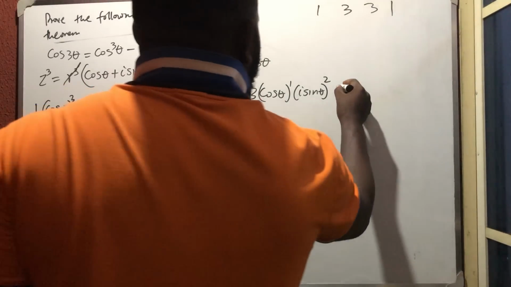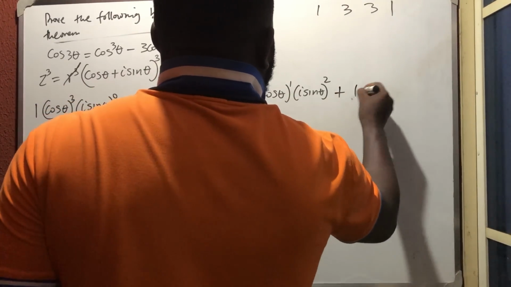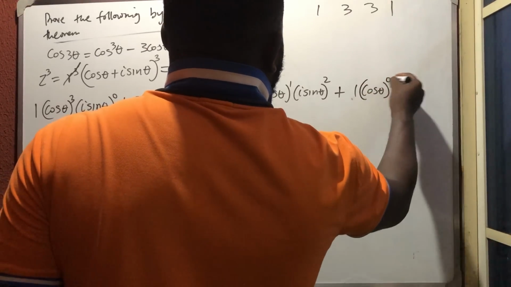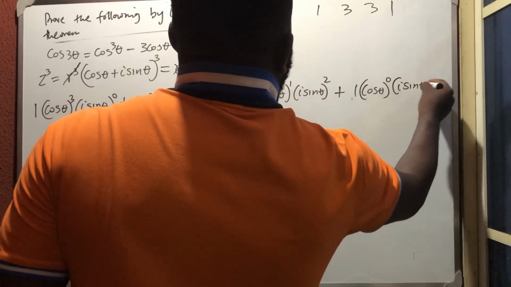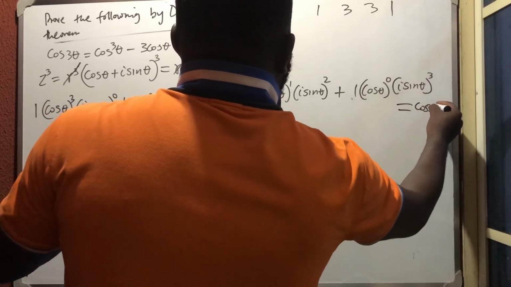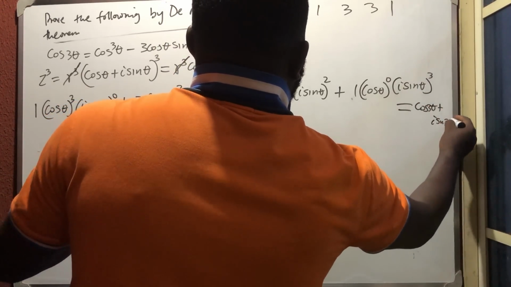Then finally plus the last one, 1, with cos theta raised to power 0, while i sine theta is raised to power 3. Don't forget it's equal to cos 3 theta plus i sine 3 theta.